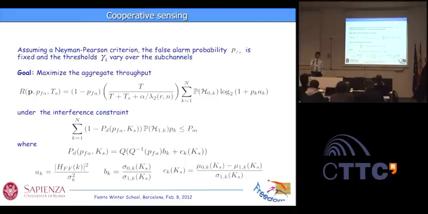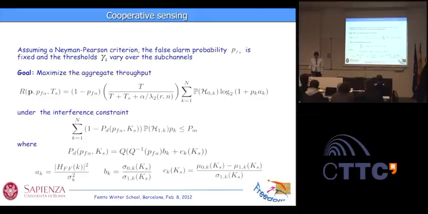So you have a constraint on the false alarm probability. You don't want to exceed a certain false alarm probability, and under that constraint, you want to maximize the detection probability.